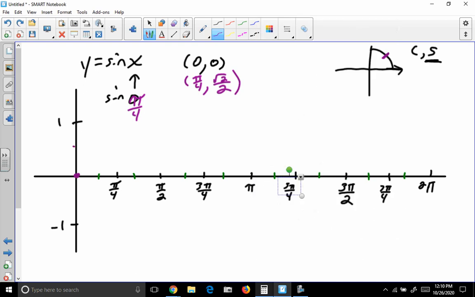So if 0.5 is here, it's more than 0.5. Not quite 3/4 of the way up. When we get to pi over 2, if we put pi over 2 in as our angle, sine of pi over 2, straight up, the y-coordinate is 1.